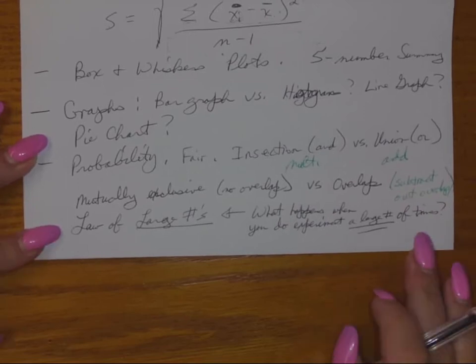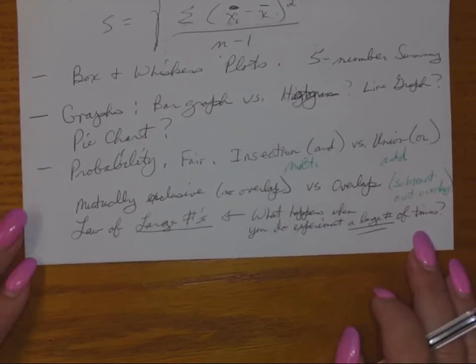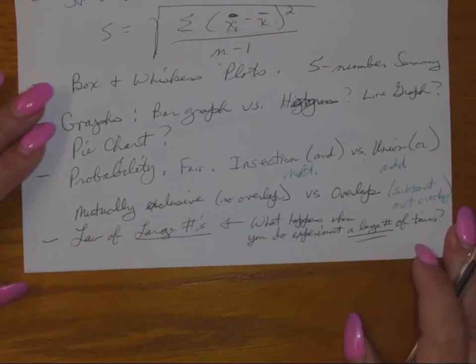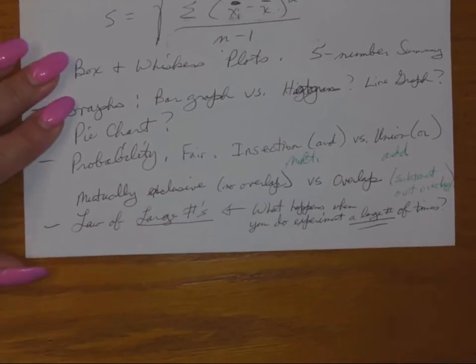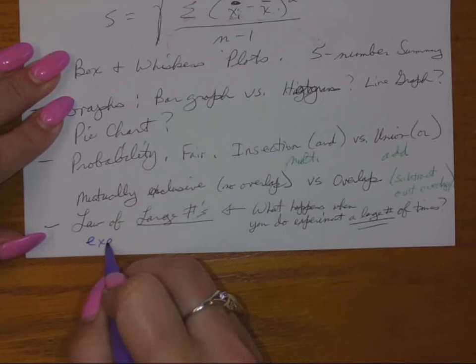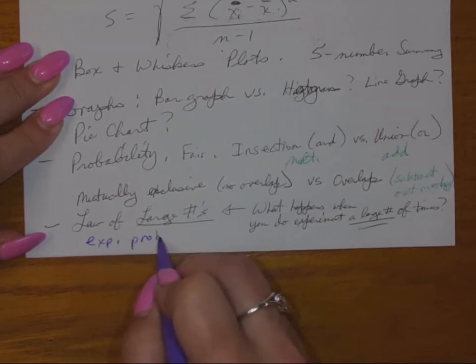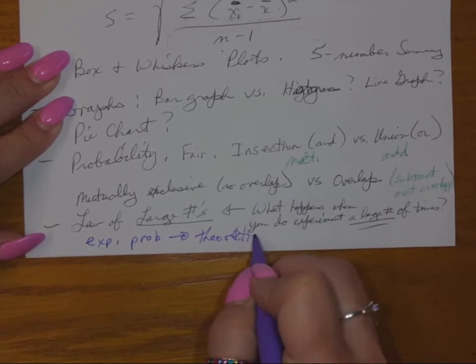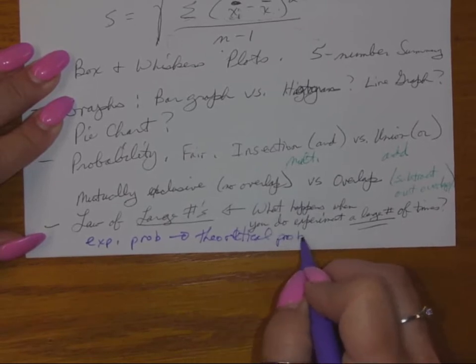If I roll those dice 1,000 times, that's where the law of large numbers comes in. That says the more you do an experiment, your experimental probability will get closer and closer to the theoretical probability if it's a fair system.